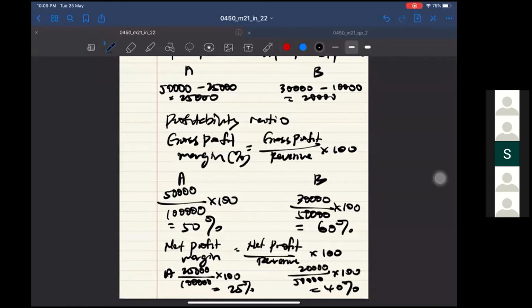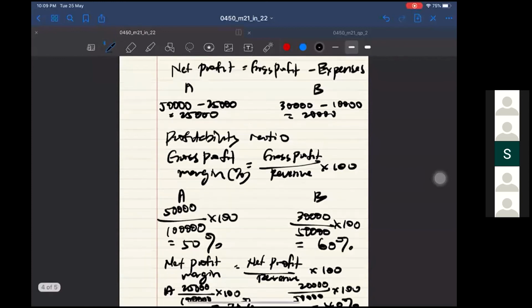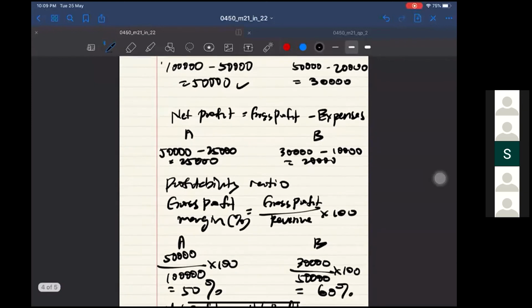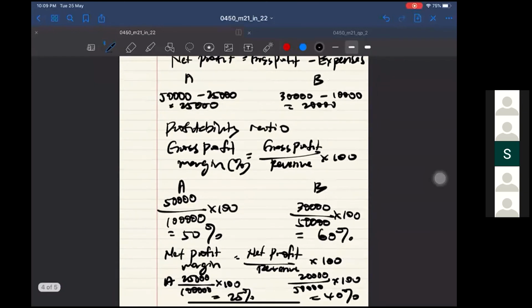So by calculating all this profitability ratio and also profitability, you can get up to 8 marks already for both order A and order B. This is why when the appendix gives you all the calculation, it's very easy to do.